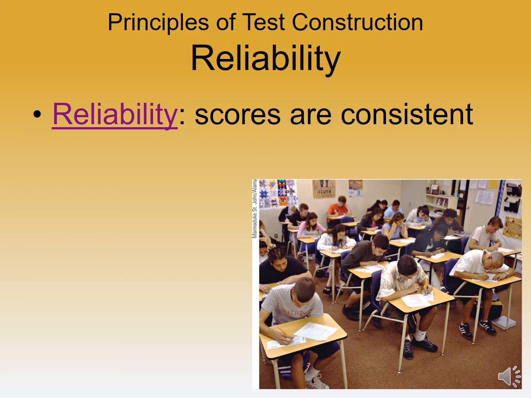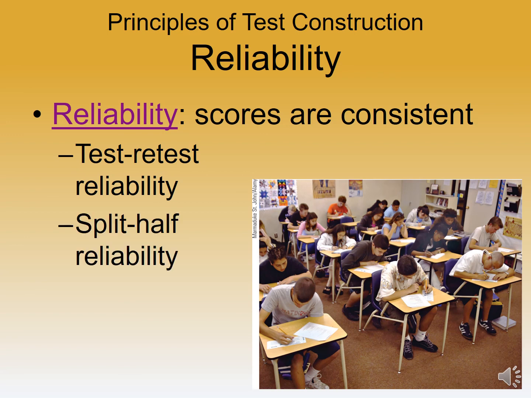So secondly, a good test is reliable. This simply means that the scores are consistent. You can check a test's reliability in a couple of ways. The first one is just to give the same test several times. So you test people many times to see if they get the same score or around the same score. Another way that you can do it is you can split the test in half.